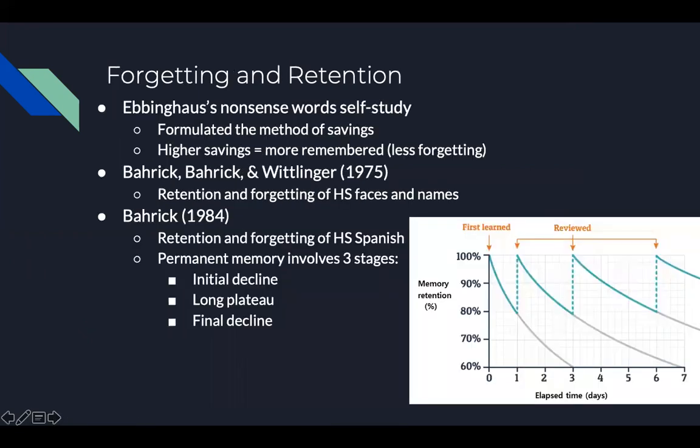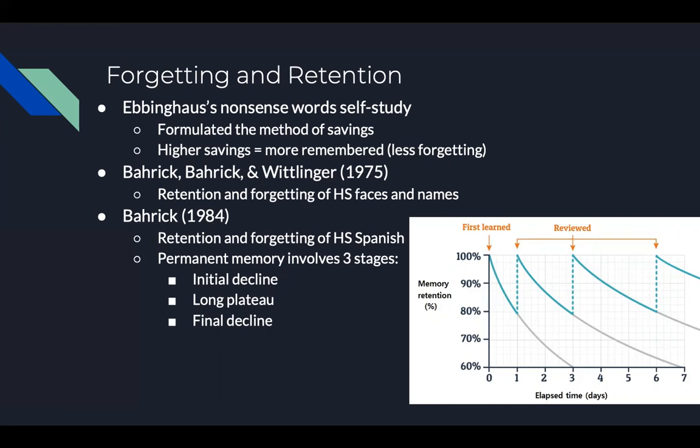So going back to Hermann Ebbinghaus yet again, and I know that he has come up several times in this course so far because of his really landmark status as the first person to really systematically study the process of memory. He was the first one to really take the scientific method to the problem of how does memory work.